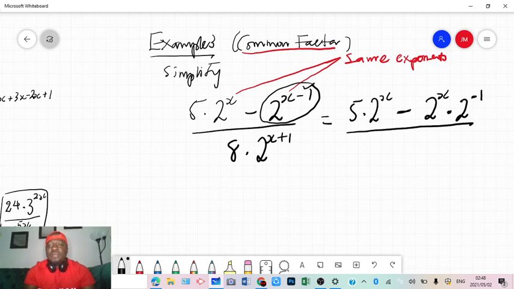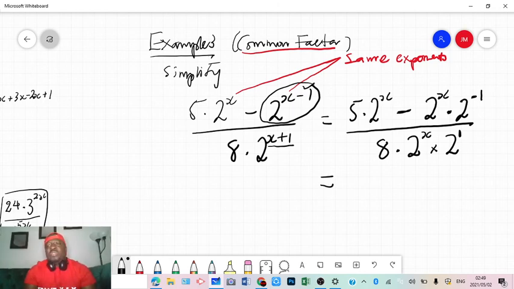Then you go further and look at 8 times 2 also to the power x plus 1. This is what the index is, a binomial. So you reverse the index as well with the multiplication law, which will be 2 to the power x times 2 to the power 1. So at this point, your next step is to look at your numerator.